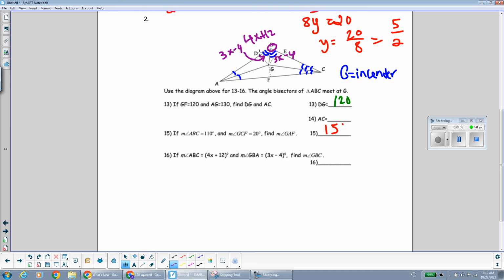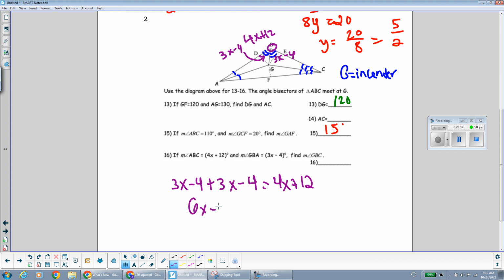So I can set up an equation that says the two 3x minus 4 parts put together should give us the whole angle, because each of these is half of the whole angle. So the 3x minus 4 angle plus the other half, which is the same thing because they're equal halves, is equal to the whole angle, which is 4x plus 12.